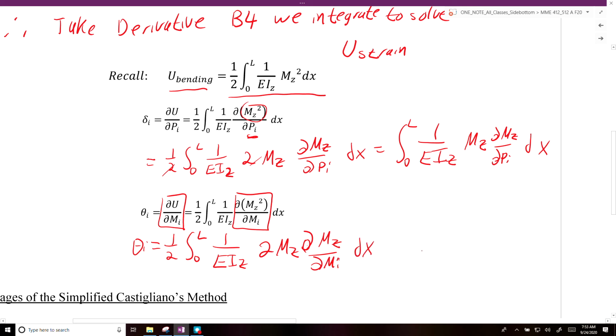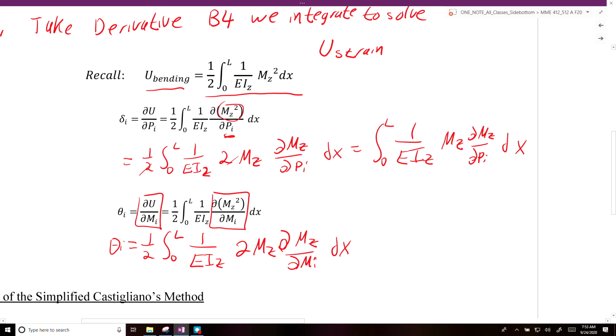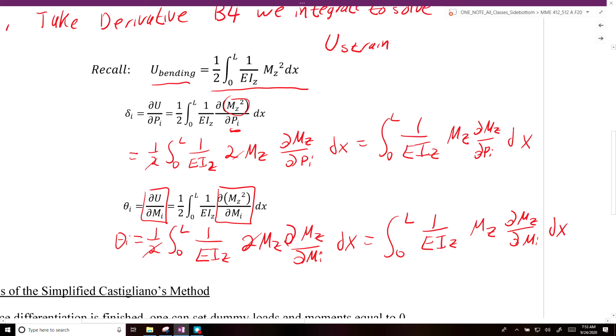Again, the 2's will cancel out, and we'll end up with the integral from 0 to L of 1 over EIz, Mz, dMz over dMi, dx.